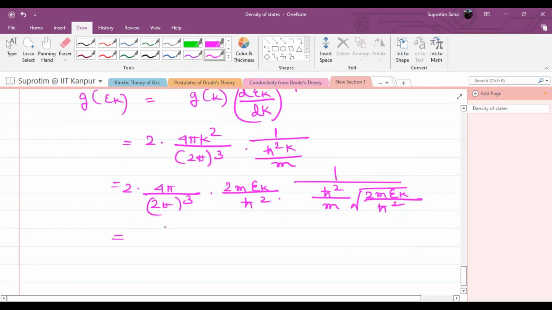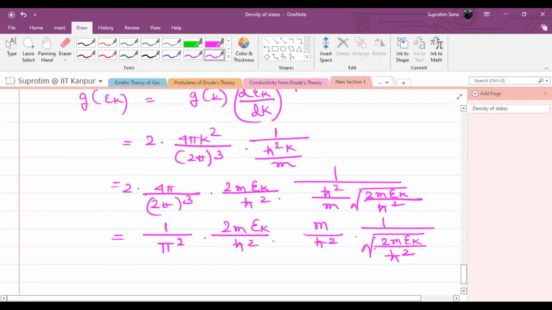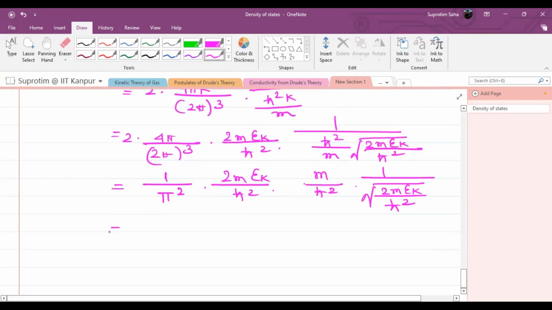All right. So now this is simplified as 1 by pi squared. We have 2m Ek by h squared from here and m by h squared from here and 1 by root under 2m Ek by h cut squared. So these two terms will cancel out between themselves and produce only a square root term, which is root under 2m Ek by h squared times m by h squared.